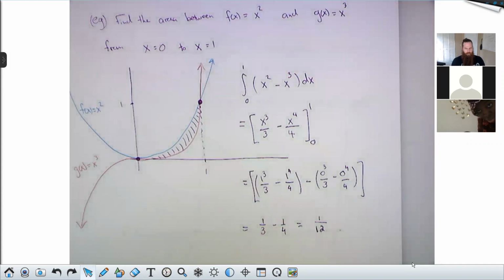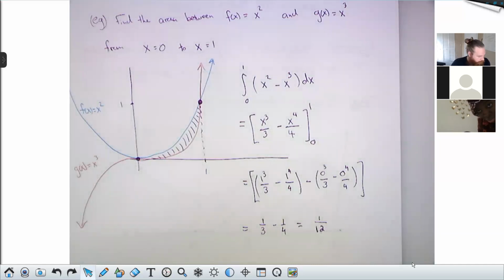Questions on this? The good news is that the recipe upper minus lower always works, regardless of whether both are above the x-axis, both are below the x-axis, or one or the other.